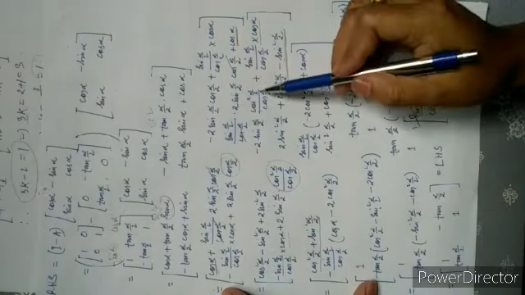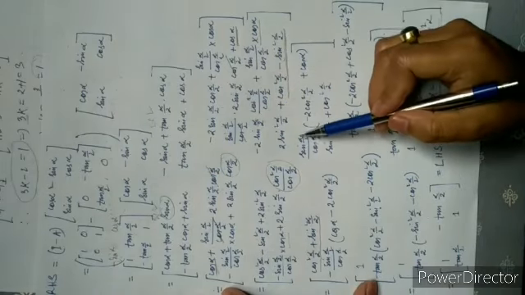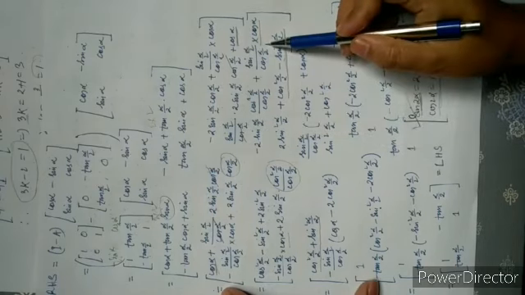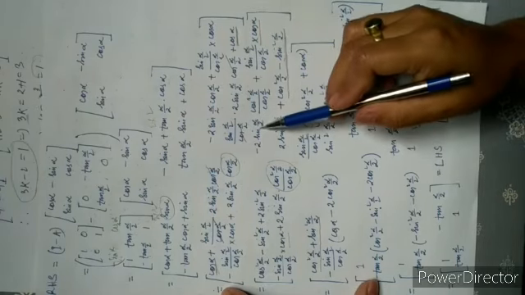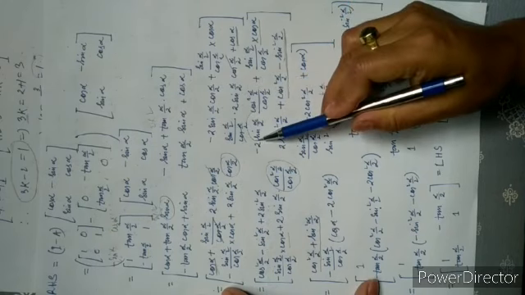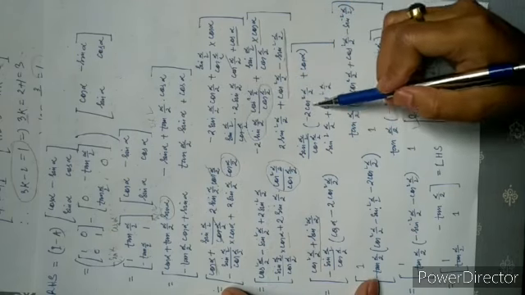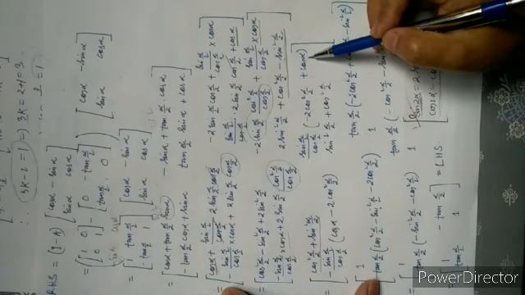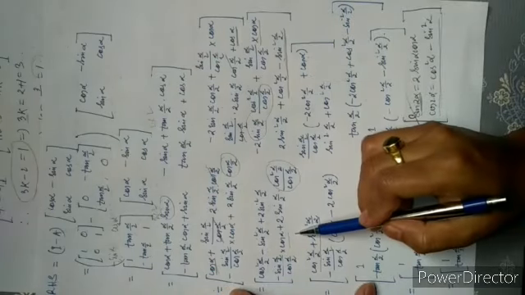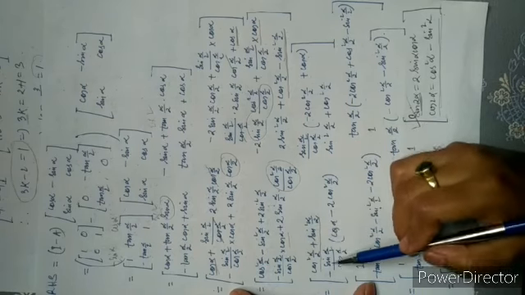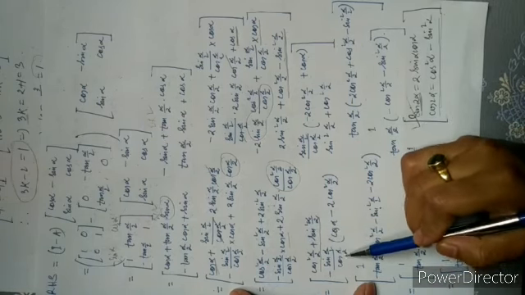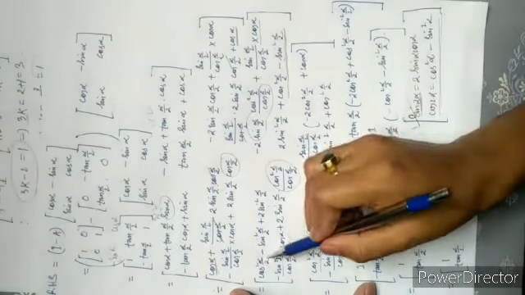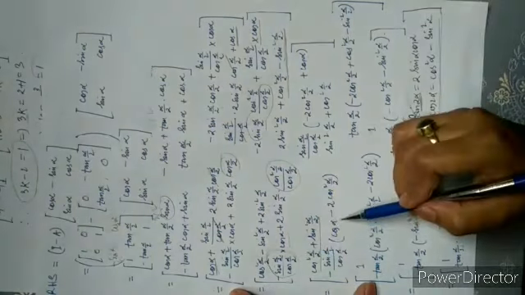Taking sine alpha by 2 cos alpha by 2 common from the first term and second term, we get cos alpha by 2 and minus 2 cos square alpha by 2 plus, then for the second term we get cos alpha.